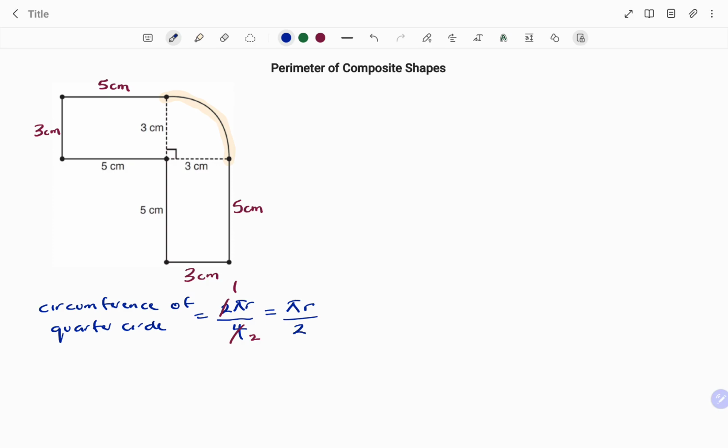From the diagram, the radius is the distance from the center to any part of the circle, and we have that as 3. Putting that value in, we have pi times 3, divided by 2. So the circumference of the quarter circle will be 4.71 centimeters.